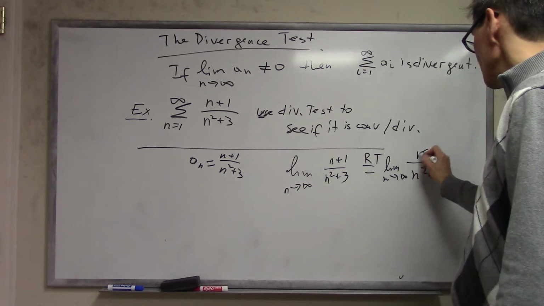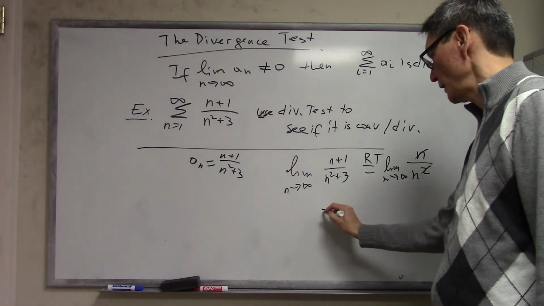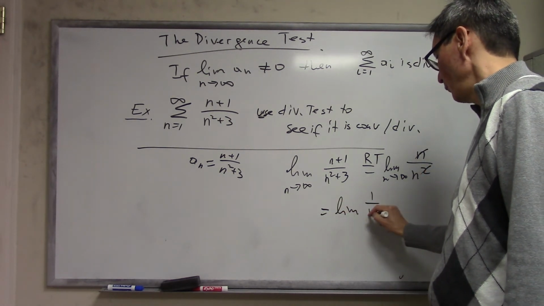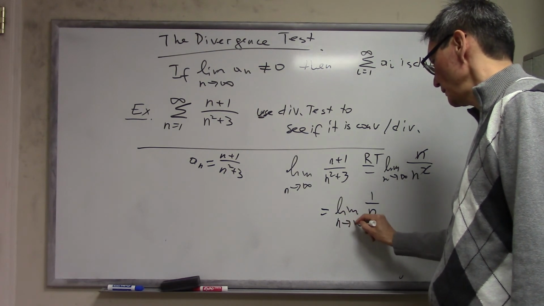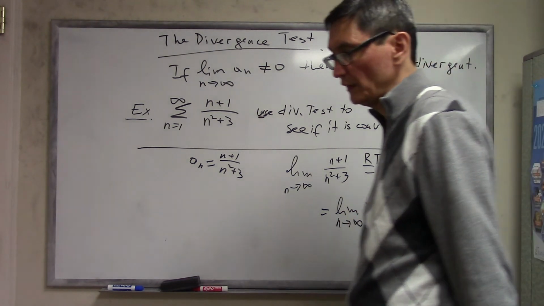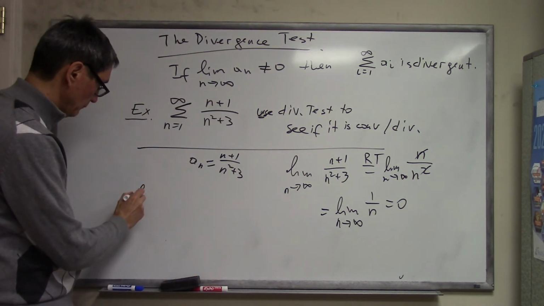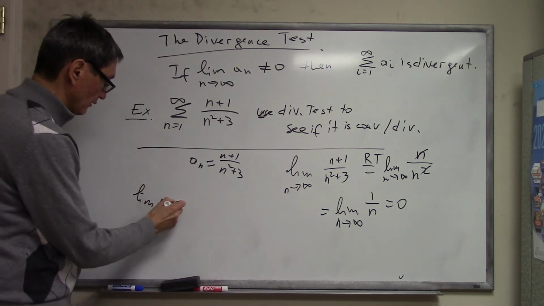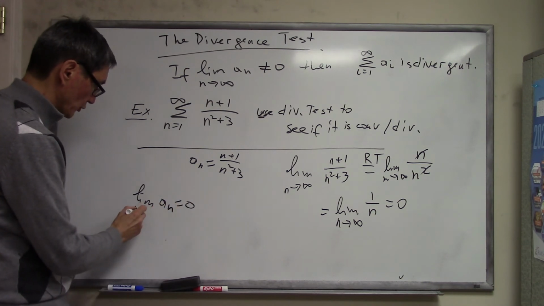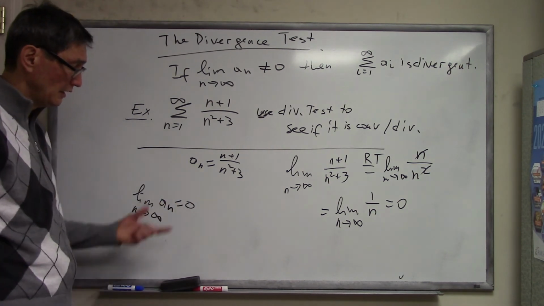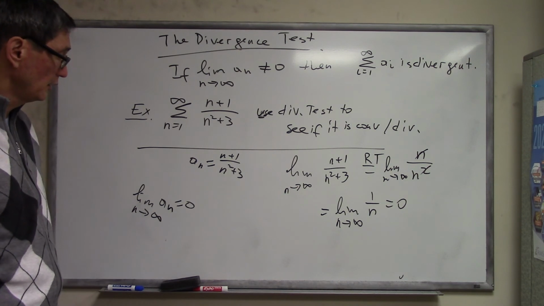I will reduce that expression. So we have limit 1 over n as n approaching infinity, and 1 over infinity is 0. So we concluded that limit of an equals 0 when n is approaching infinity.